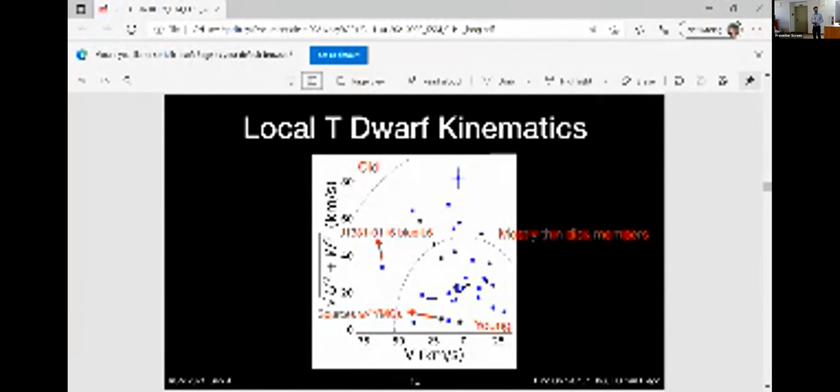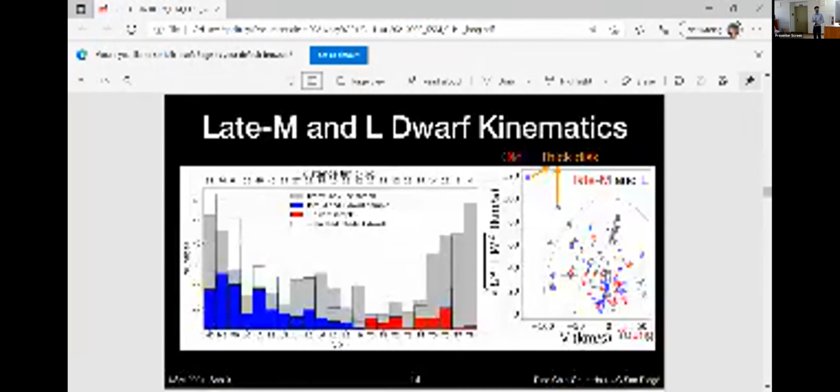If we want to compare to another sample, okay, it's updated. For late Ms and Ls, again the same sample plot, but now I want to focus on the blue. If you look at the right, it's the same Toomre diagram. Sorry, it's a little bit hard to tell, but the red is the late Ms and the blue is the L dwarfs.